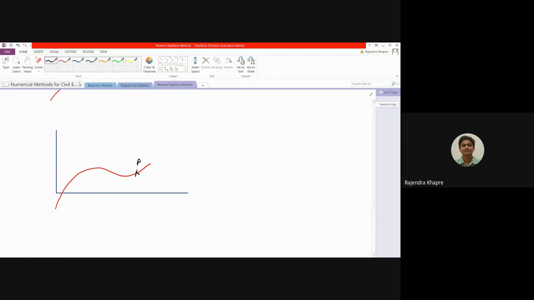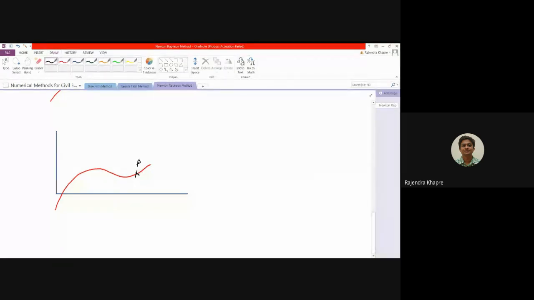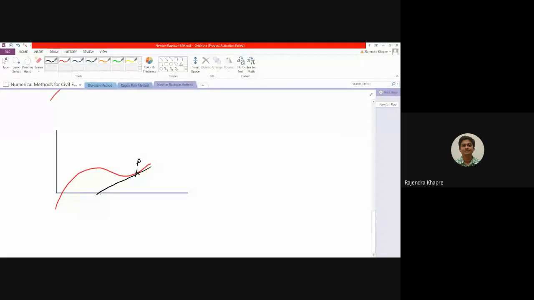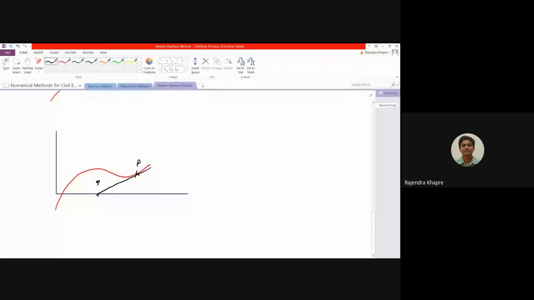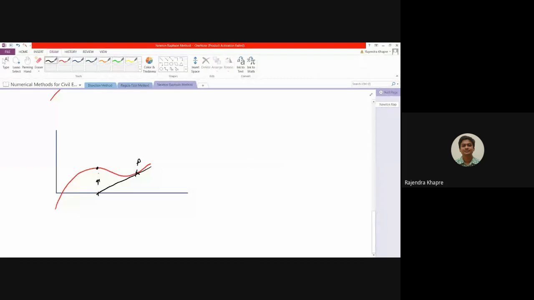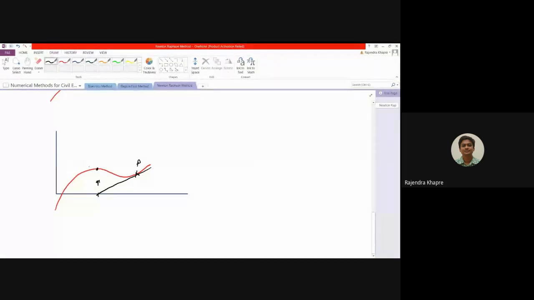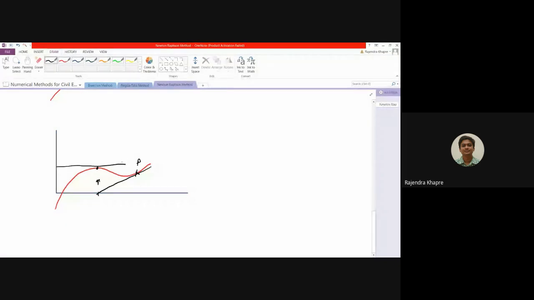So I am going to draw a tangent and calculate the slope. Now this slope is non-zero. What does this mean? This will be intersecting the x-axis. So here you are going to get another point, and you will find that this y value is non-zero. Then you will be reaching at this another point. But when you reach the second point and try to draw a tangent, it is becoming horizontal.